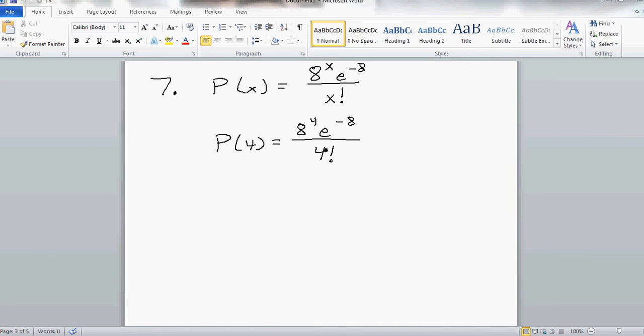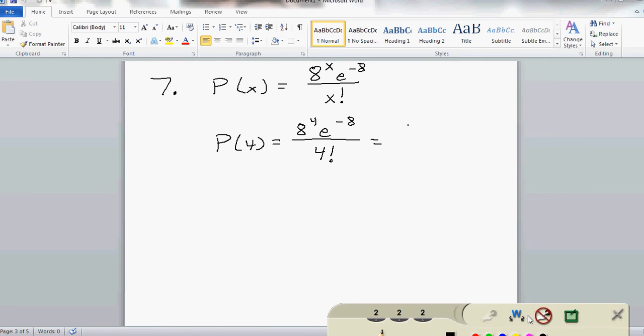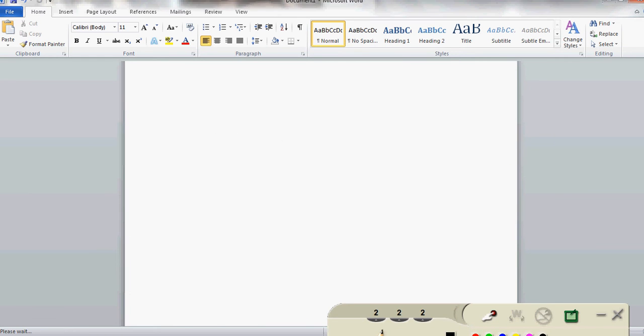Now we need to remember 4 factorial means 4 times 3 times 2 times 1. It's all these numbers multiplied together all the way down to 1, all the integers. And so plugging in some numbers here, I'm going to just plug this all into one big calculated problem.